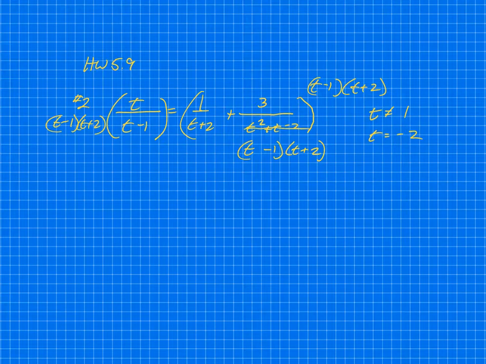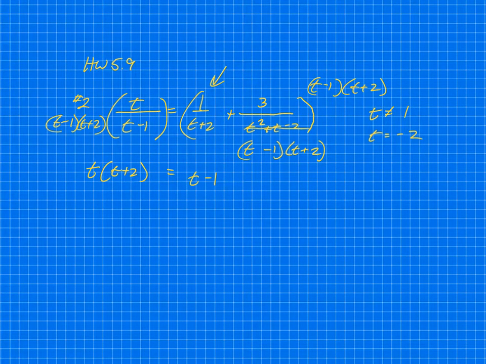T minus 1 is gone, so we're left with t times t plus 2 equals, and what's that going to be equal to? All right, we're going to multiply it by 2 numbers now, right? So in the first number, what cancels is the t plus 2, right? So we're going to be left with t minus 1.